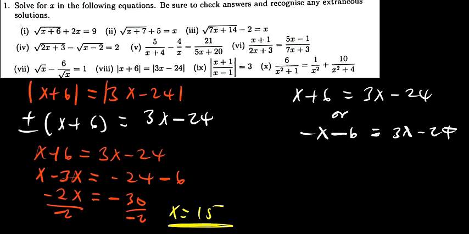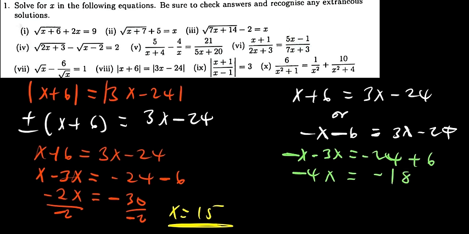And now let's do for the negative. The one we multiplied by negative is this one. So negative x, I shift 3x, is going to be like that. Negative 24, then plus 6. This is going to be negative 4x is equal to, that one should be negative 18. Okay, negative 18.